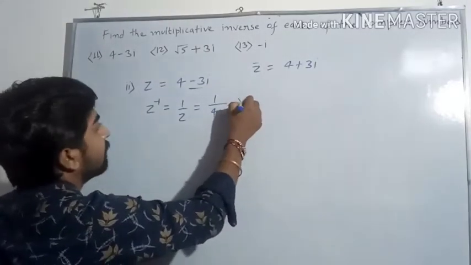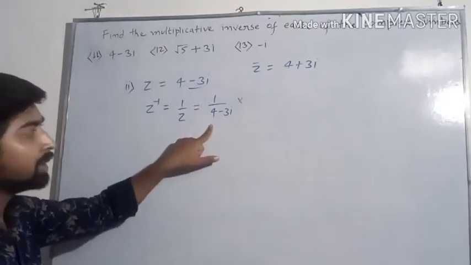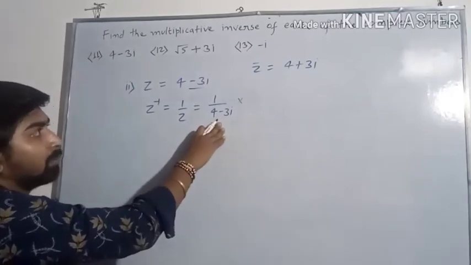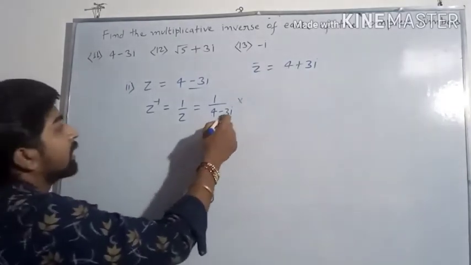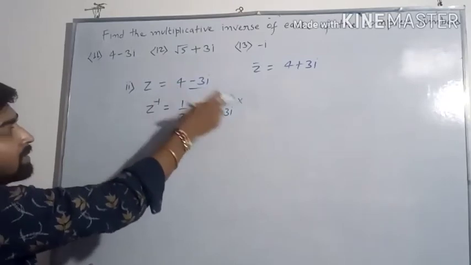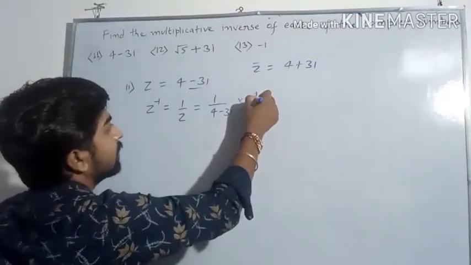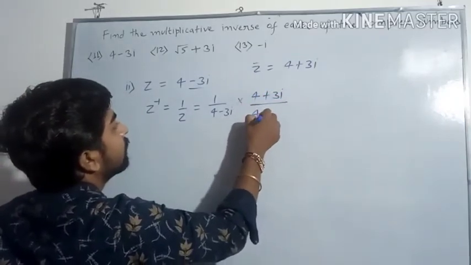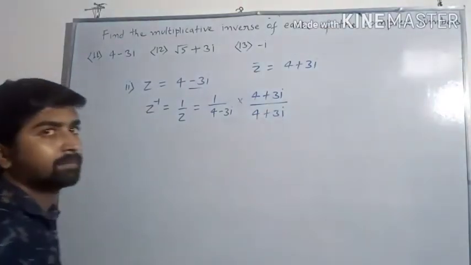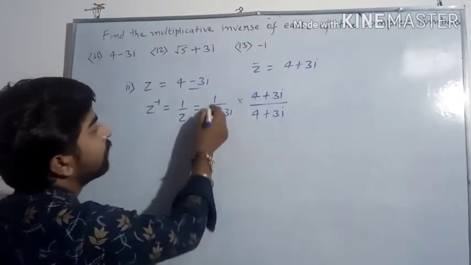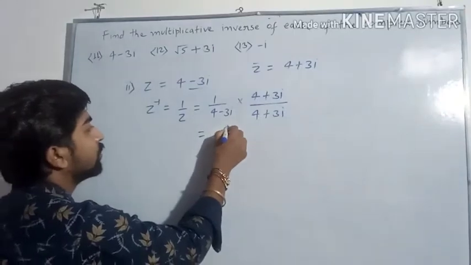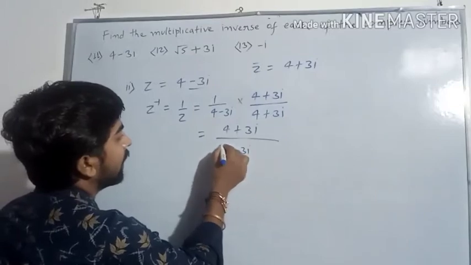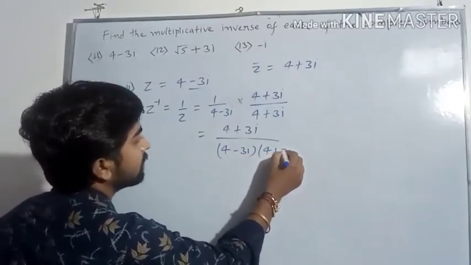Now we will multiply the numerator and denominator of 1 by 4 minus 3i by its conjugate, and the conjugate of the complex number 4 minus 3i is 4 plus 3i. So 1 into 4 plus 3i equals 4 plus 3i upon 4 minus 3i into 4 plus 3i.